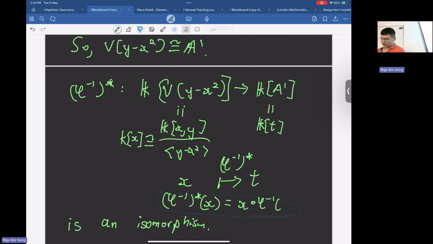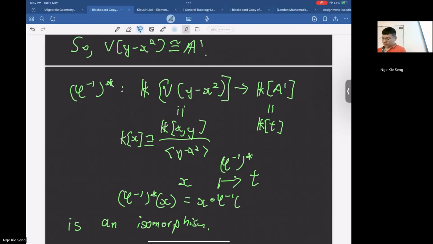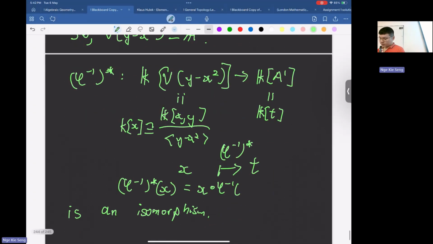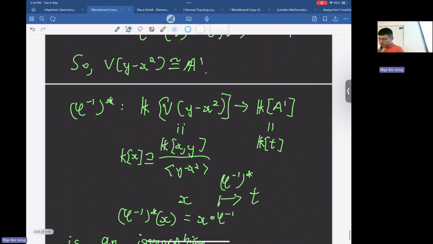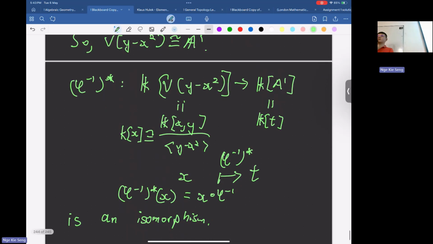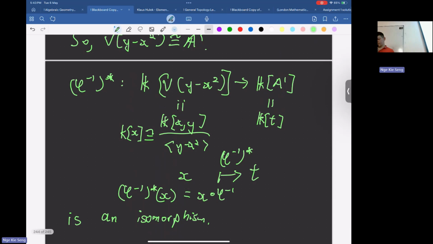You need to check the function. So you do x on phi inverse, correct. Then what do you do next? This is the definition. So what do you do next?